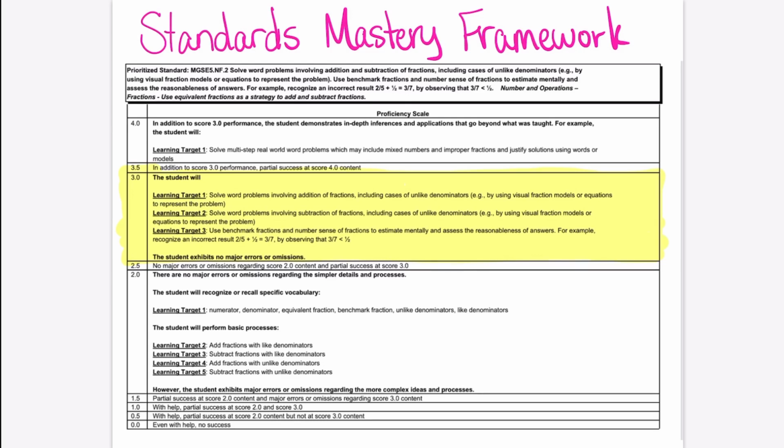So imagine a circle, 1/2 of that. 3/7, we know half of 7 is 3.5. 3/7 is less than a half. So how can 2/5 plus a half equal 3/7, which is less than 1/2? It doesn't make any sense. So we would need to use our number sense and what we know about fractions and models to be able to truly understand what we are learning with addition and subtraction of fractions to meet grade level standards.